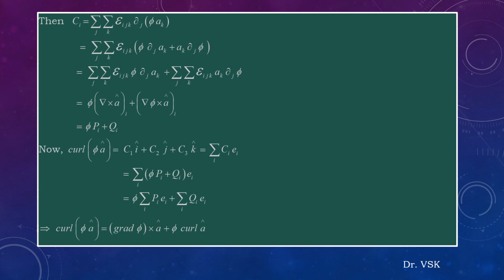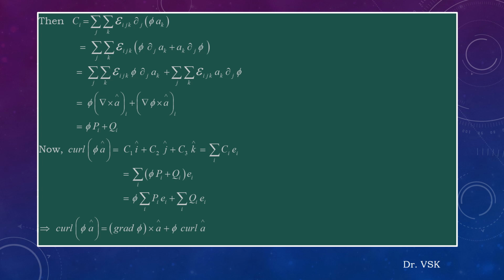If we apply the UV formula of differentiation for dou j of phi ak, the ith component Ci can be written as Ci equals summation over j, summation over k, epsilon suffix ijk times phi dou j ak plus ak dou j phi.